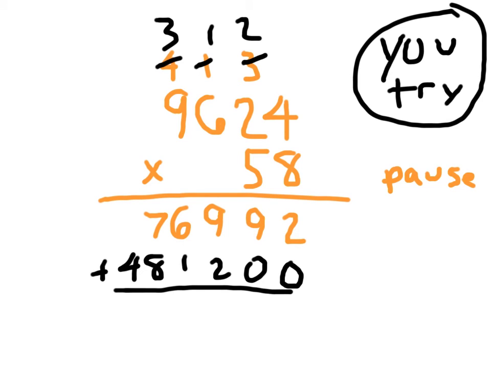There's the next step of your problem for 9,624 times 50. Carefully adding those two together. This is what I get. And I did place my comma there. 558,192 is the product of 9,624 and 58.